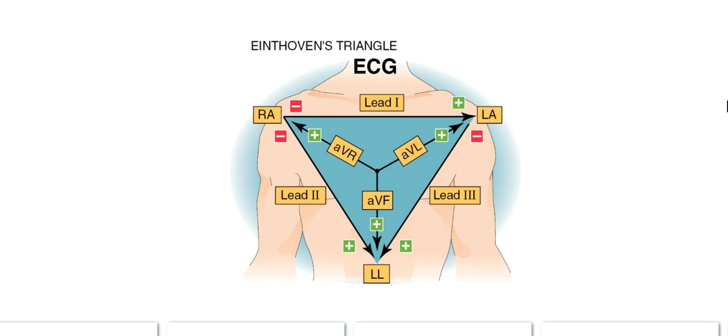This is Einthoven's triangle. Willem Einthoven won the Nobel Prize in 1924 for his discovery of ECG. So this has been around for a really long time. And it's basically predicated on the fact that you are bathed in an electrolytic solution. So current is conducted here. You are not actually measuring the current that is flowing through your heart.